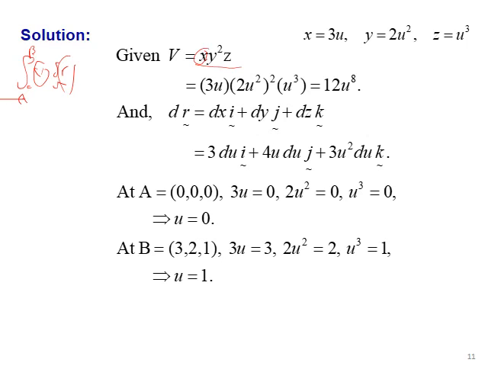Now I will substitute x by 3u, y square by 2u square, z by u to the power 3. Simplify, multiply the numbers, 3 by 2 by 1. Here 2 comes squared, so it becomes 4, by 3, 12. And for u, we have u the base, so we can add the indices or the powers.